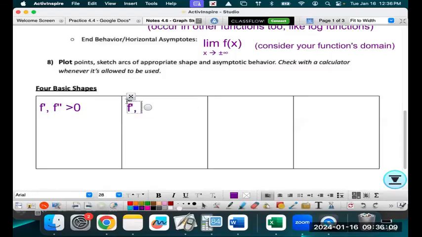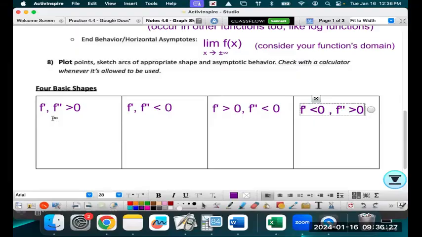Or let's go with negative first derivative and a negative second derivative. Positive first derivative and a negative second derivative. And then negative first derivative, positive second derivative. I want you to sketch what these graphs would look like individually on your paper and then check back in when you're done. So pause the video now. When you're done, unpause it.